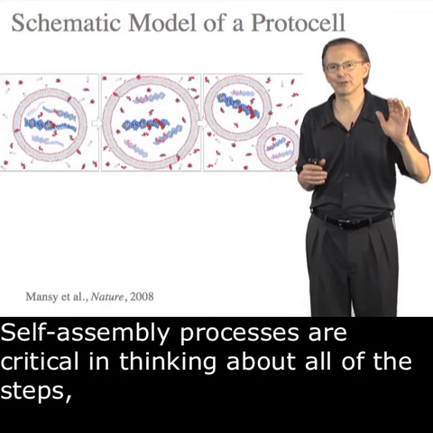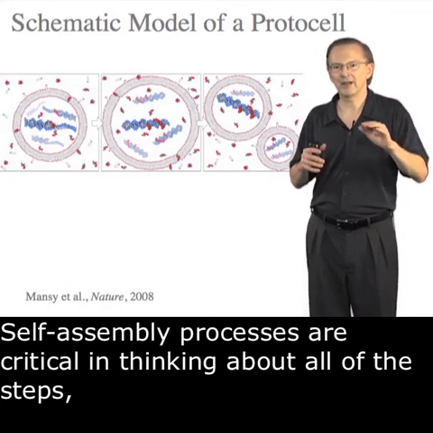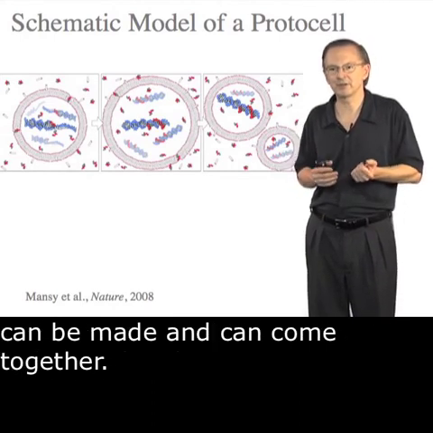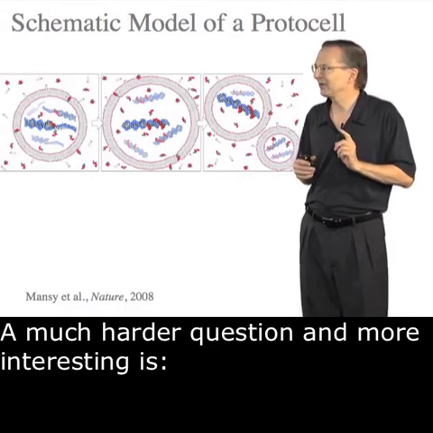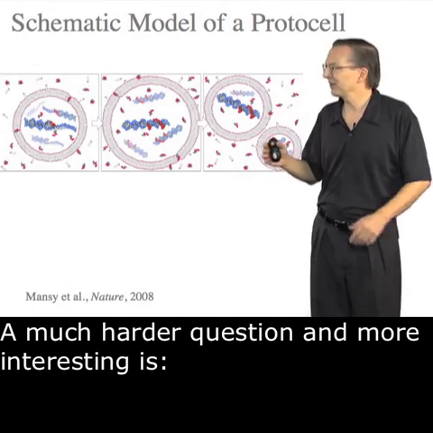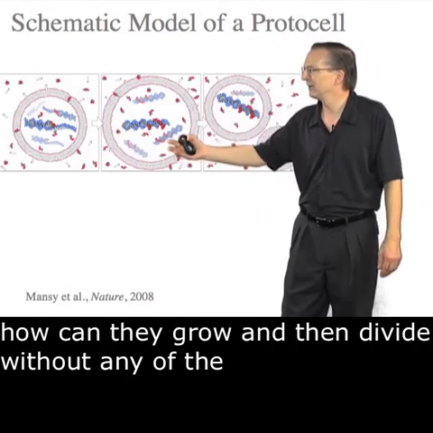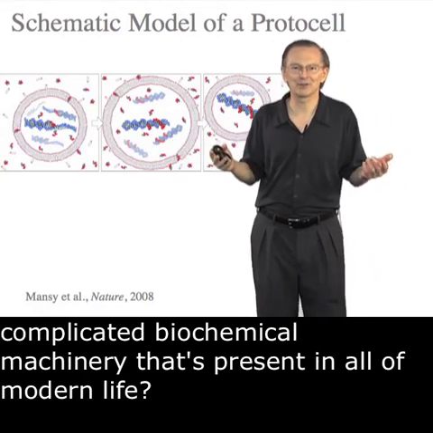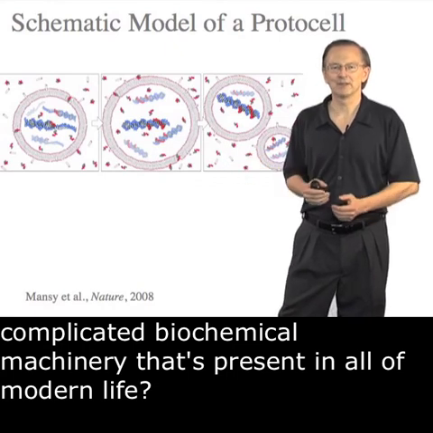Self-assembly processes are critical in thinking about all of these steps. And there are multiple different ways in which these components can be made and can come together. A much harder question and more interesting is, once you have structures like this, how can they grow and then divide without any of the complicated biochemical machinery that's present in all of modern life?